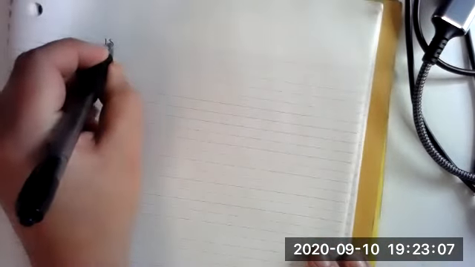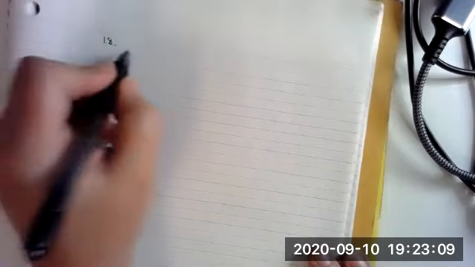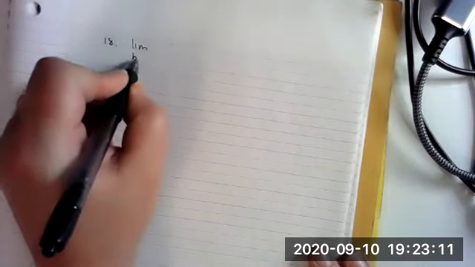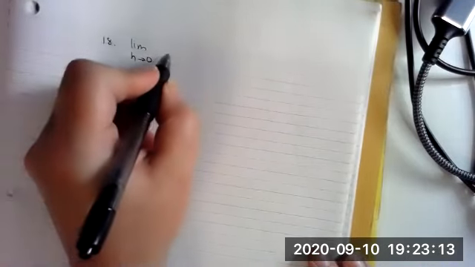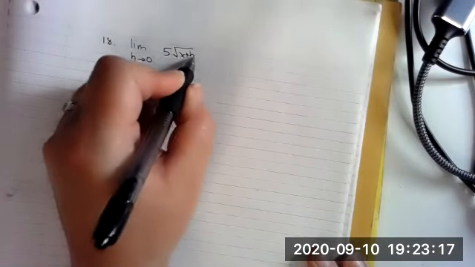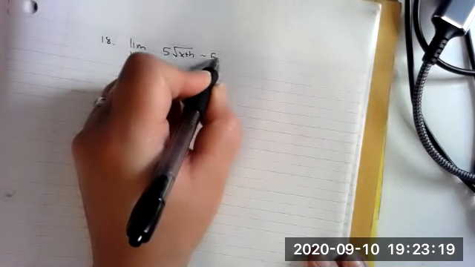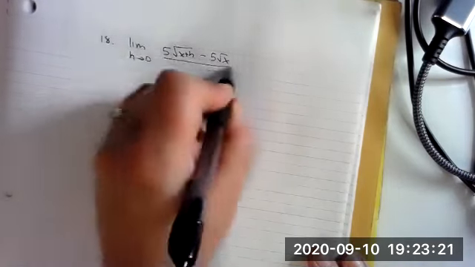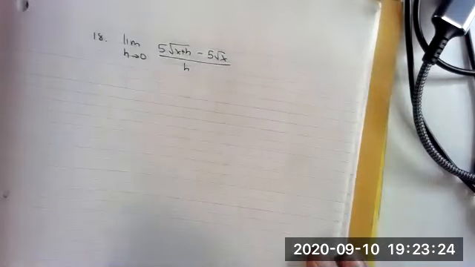Number 18 is another one that was requested, and that's actually an introductory concept of what we'll do in unit 2. So it's the limit as h approaches 0 of 5 times the square root of x plus h, minus 5 times the square root of x, divided by h.